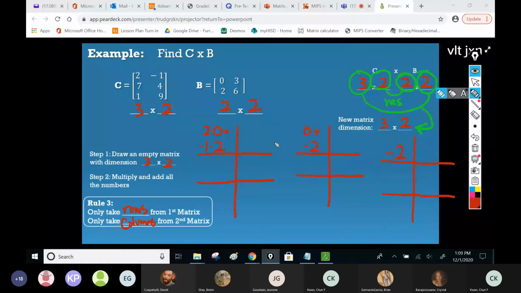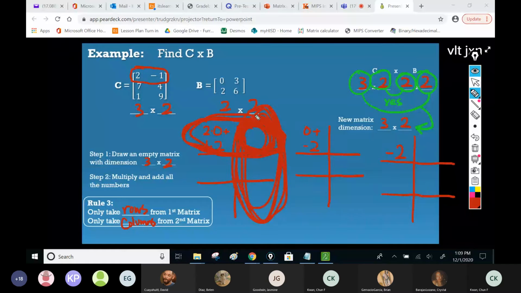All right, let's keep going. Now I'm going to do the upper right box. The upper right box is the first row of the new matrix. I'm going to take first row from right here because we only take rows from the first matrix. So I'm going to take the first row right here, and then this is the second column.